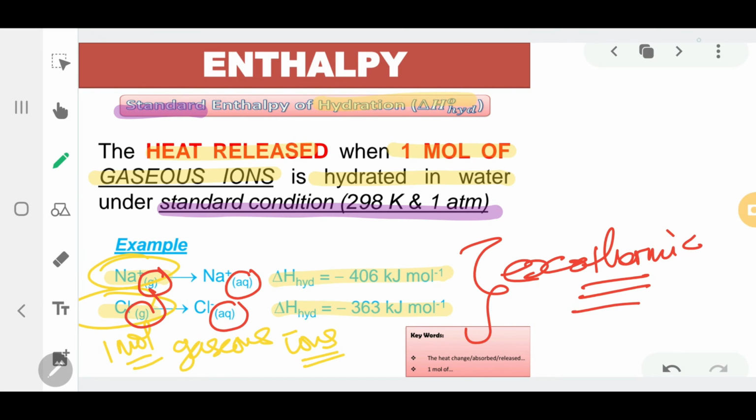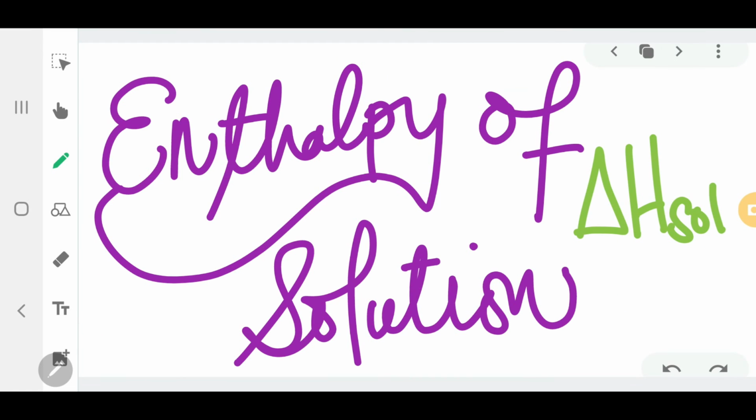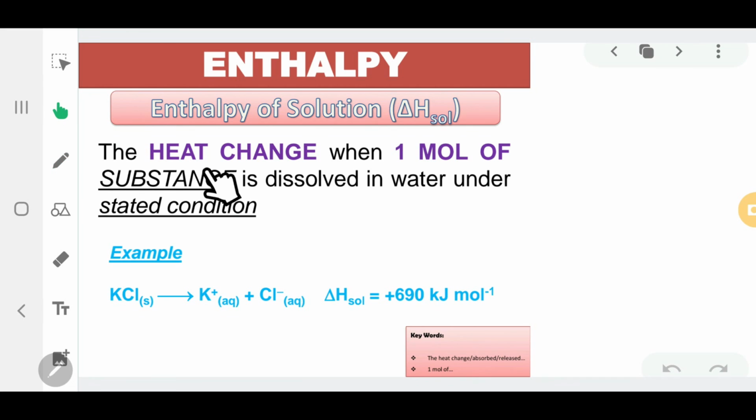All right. Slightly different, and sometimes students mix this up with enthalpy of hydration, is the enthalpy of solution. Enthalpy of solution refers to the heat change. For enthalpy of hydration, it will be heat being released. Right now, for enthalpy of solution, you can either have heat being absorbed or released.